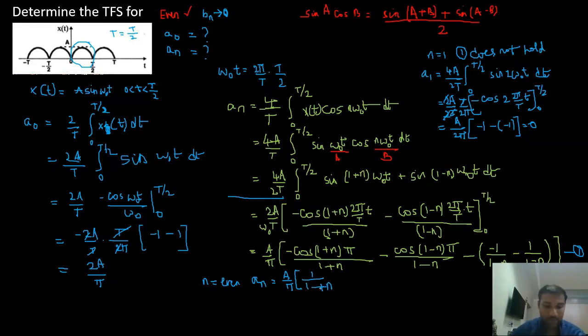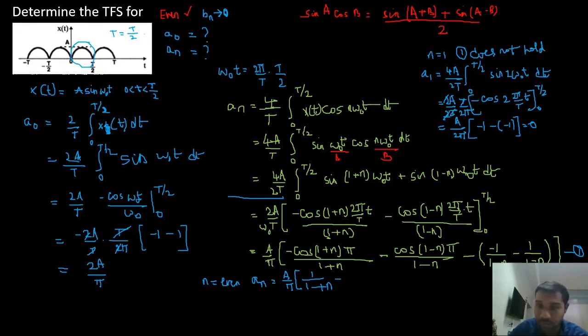when n is even, right? Then minus cos 1 minus n. This is also an odd number, right? 1 minus n, when n is even, 1 minus n is odd.